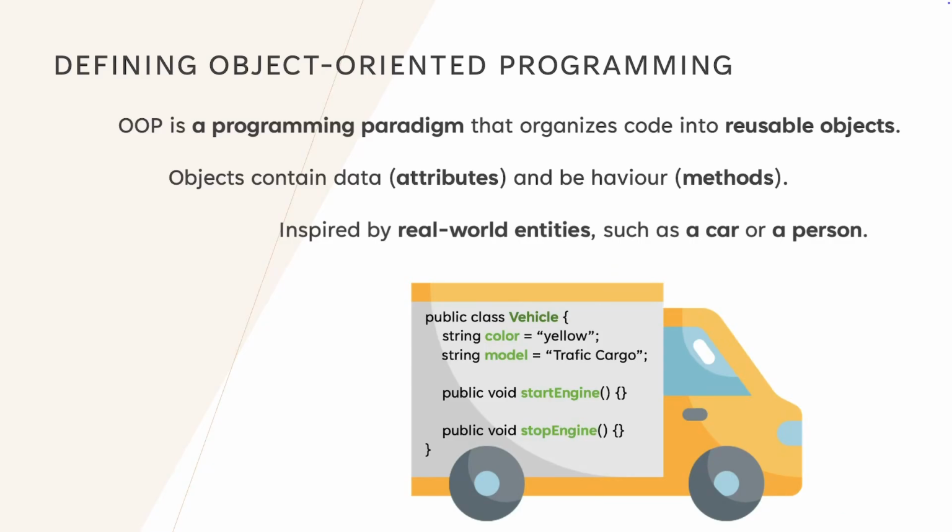It has attributes such as its color and model, and behaviors such as starting engine and stopping engine. This approach makes it easier to write modular and reusable code, which is critical for complex systems.